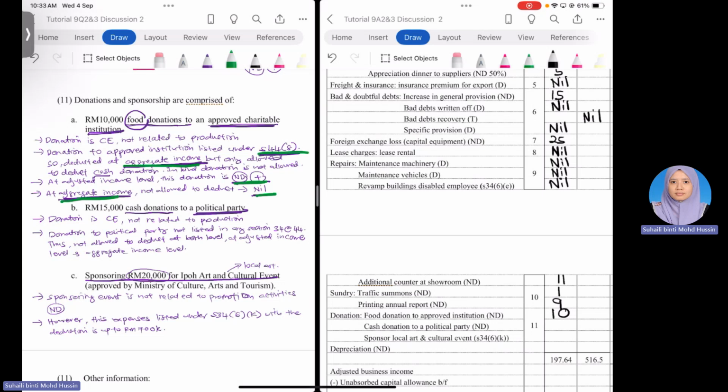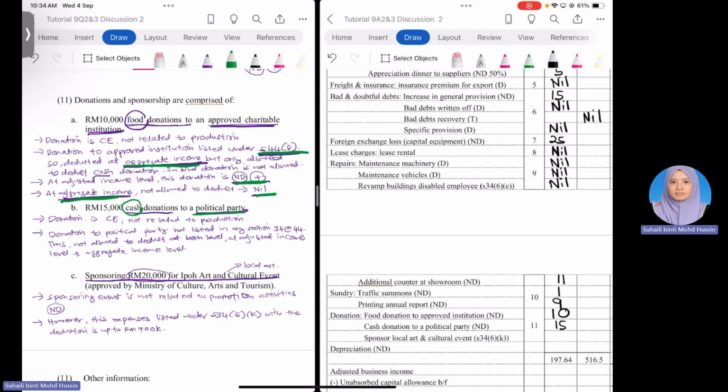Okay, so 11A. 11B, the company made the cash donation. The type of donation is cash, but the company made the donation to the political party. So far, there is no section that allows deduction of donations made to a political party. So we record it at the adjusted business income level. At the adjusted business income level, of course, the amount is not allowed for deduction, 15,000 ringgit.